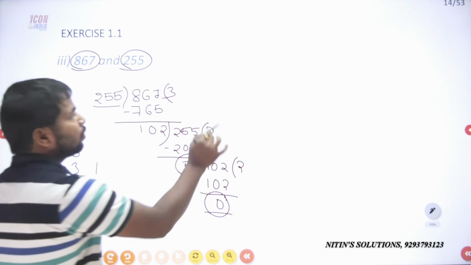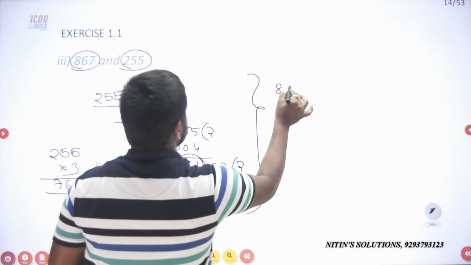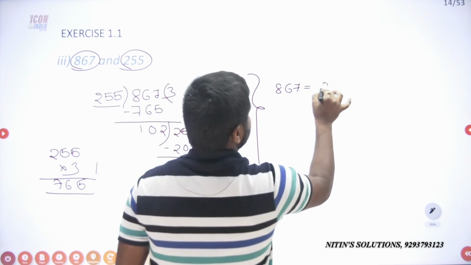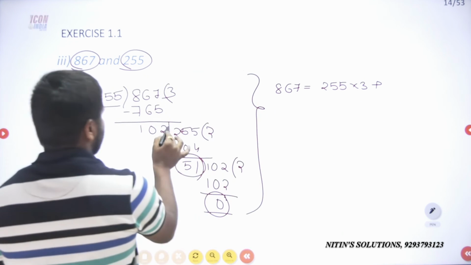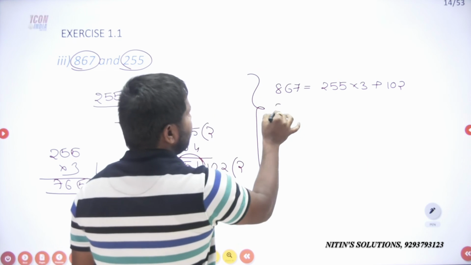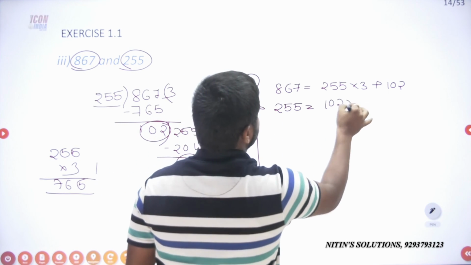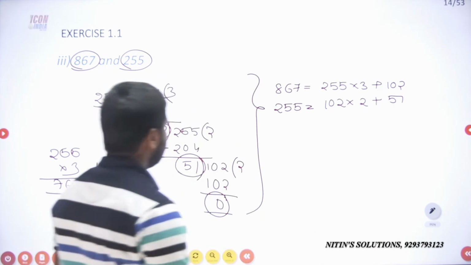So according to Euclid division algorithm, how can we write? 867 can be written as 255 into 3 plus 102. Now 255 can be written as 102 into 2 plus 51.